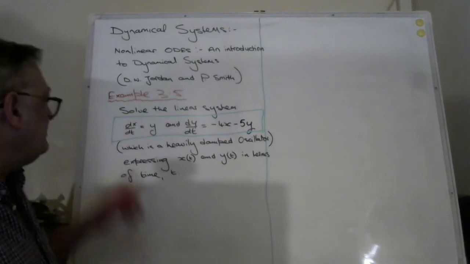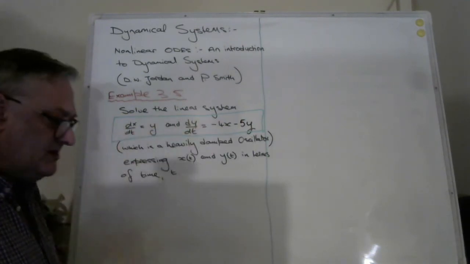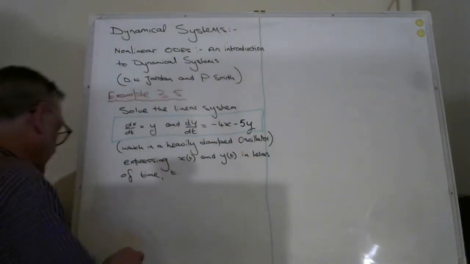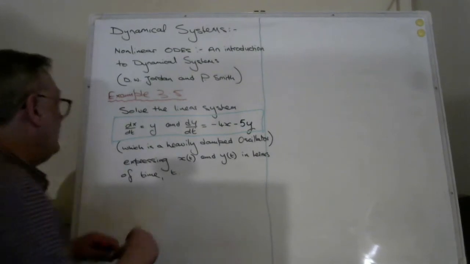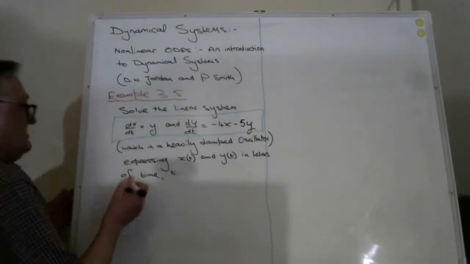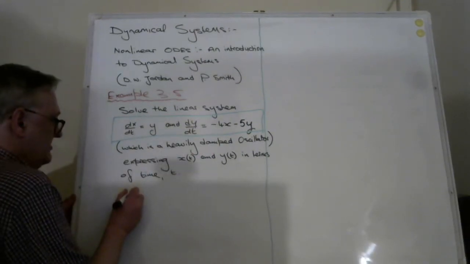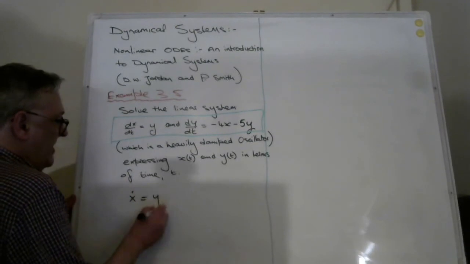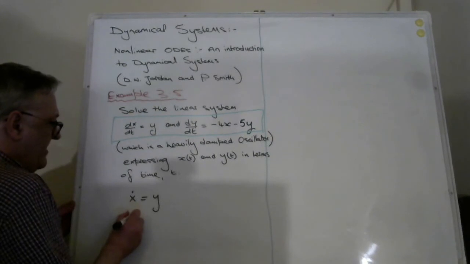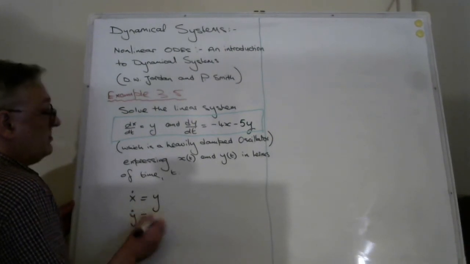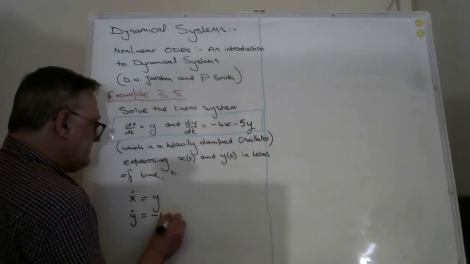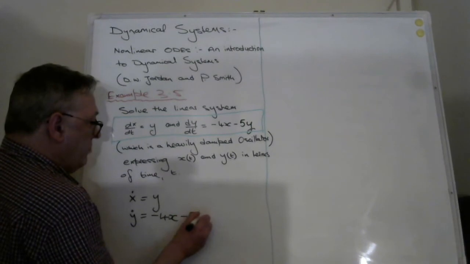So what we do to solve this system is, first of all, we rewrite these two equations as x dot equals y, and I'm going to put this equation underneath, so that would be y dot equals minus 4x minus 5y.